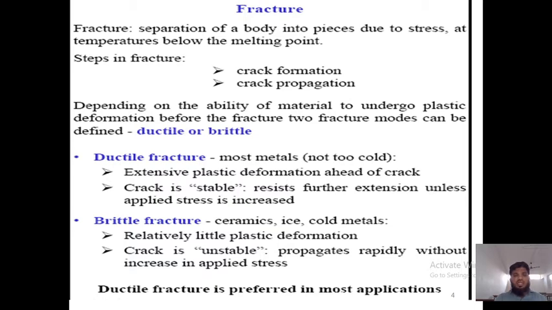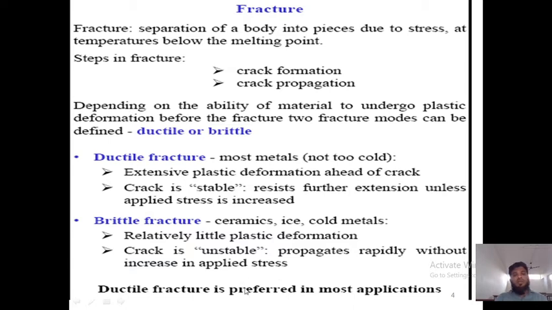Once the crack is initiated, we cannot restrict the crack to stay at a position. Once it is initiated, it will just propagate. You might have seen this on your tempered glass itself. Once one crack is formed, within one or two days you can observe many cracks formed on your screen. So the crack is unstable and propagates rapidly without an increase in the applied stress. Even though you have not applied any stress on your phone, the cracks will still propagate.